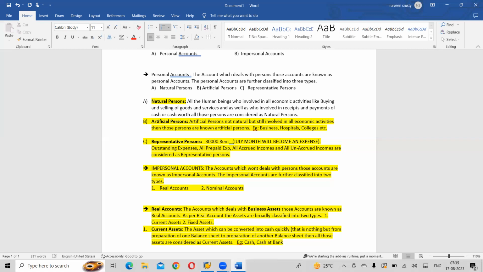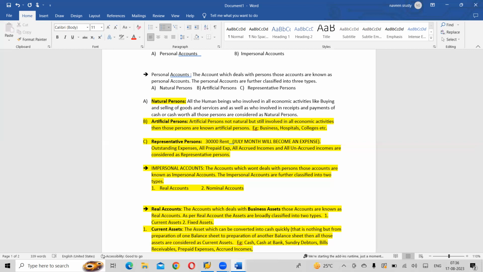Next one, sundry debtors, bills receivable, prepaid expenses, accrued incomes.